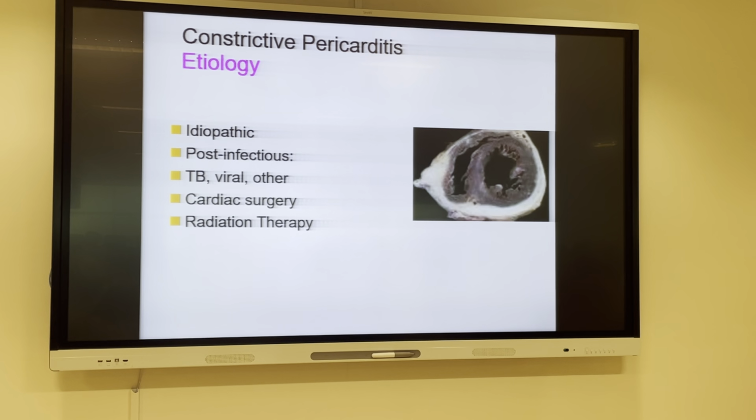It's a very complex disease, very difficult to diagnose, usually by cath or echo. Treatment is usually very complex.